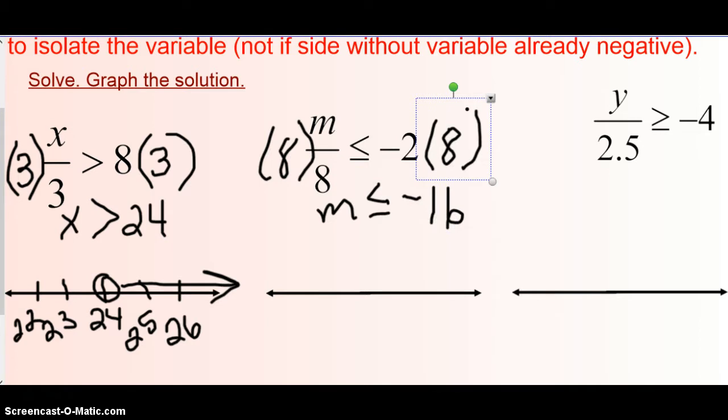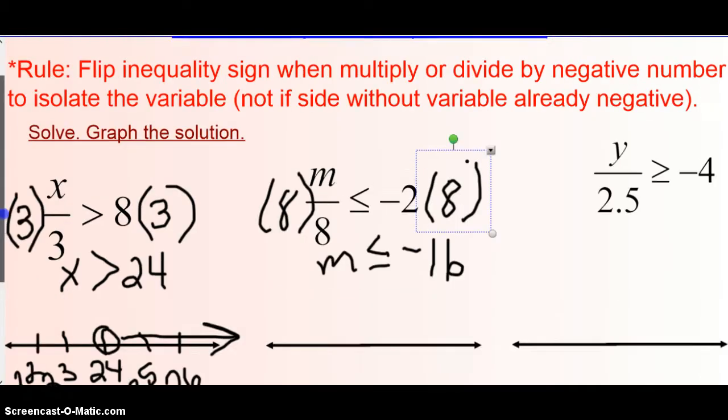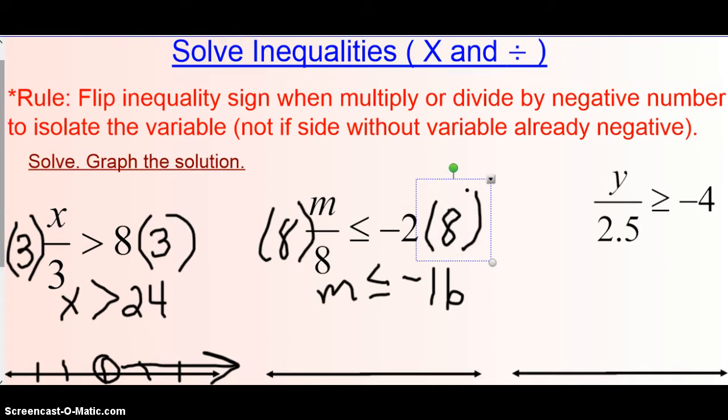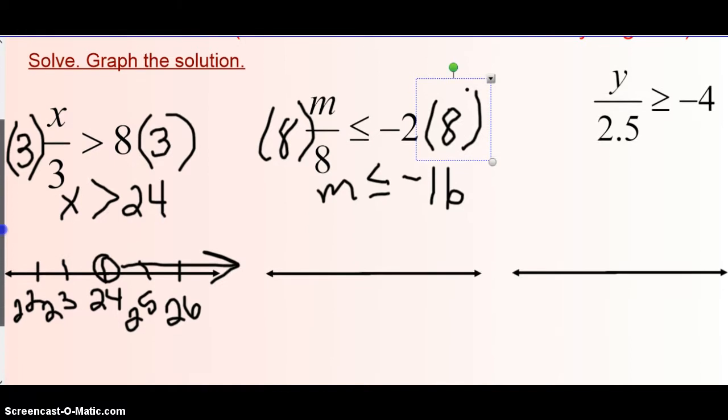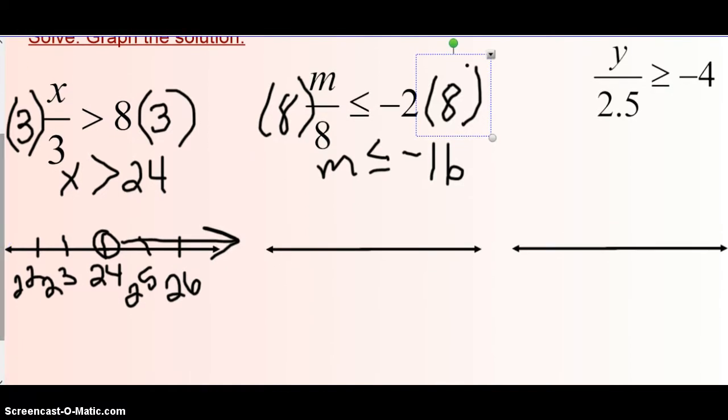I want to go back up to this original side note here. It says to flip the inequality sign when multiplying or dividing by a negative number to isolate the variable. Notice that we are not multiplying or dividing by a negative number. We are multiplying by a positive number. So it's okay. We don't have to flip the sign yet. So we've got m is less than or equal to negative 16.